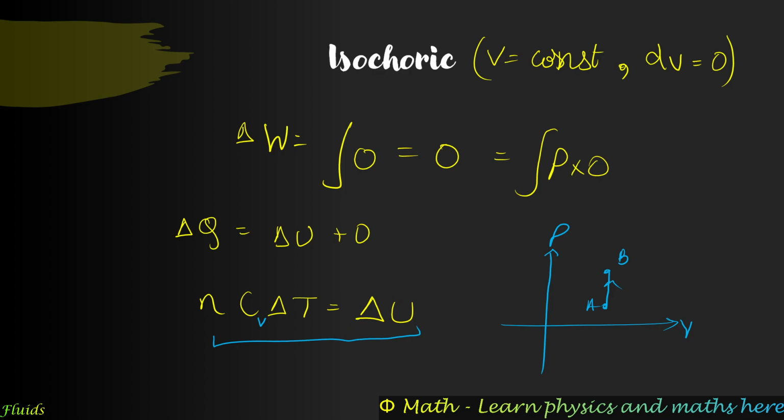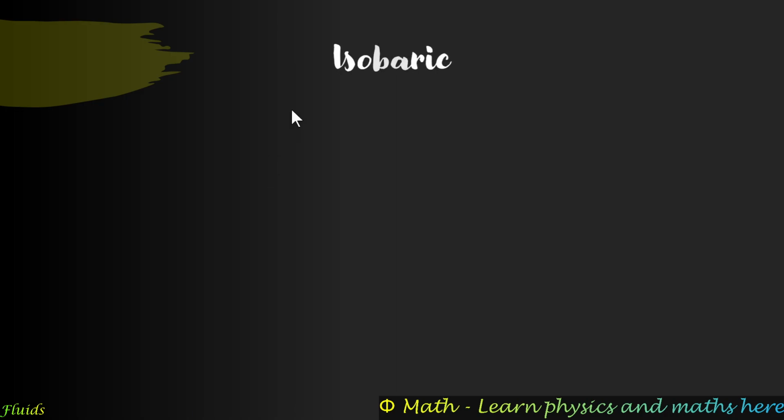After this, we are going to derive for isobaric processes, in which the pressure is constant, or delta P is equal to 0. We cannot say the work done is equal to 0 here, because the pressure is constant, but we can derive it from work done equal to the integration of P dV.